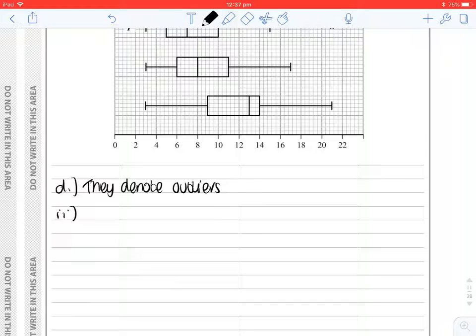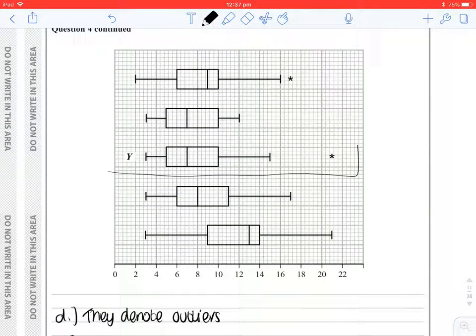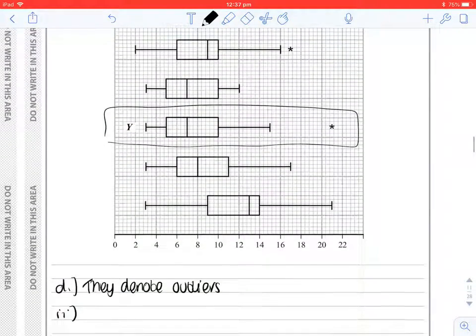And for part 2, suggest, giving your reasons, which of the months in table 2 is most likely to be summarised in the box plot marked Y. So this box plot here.